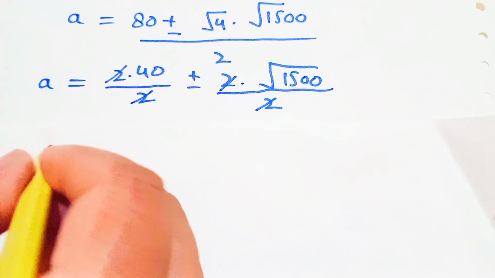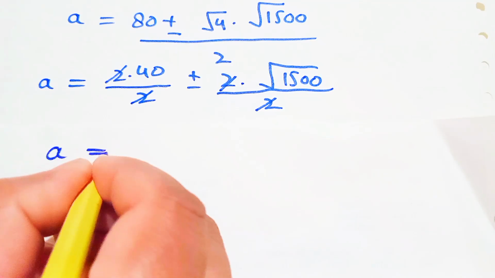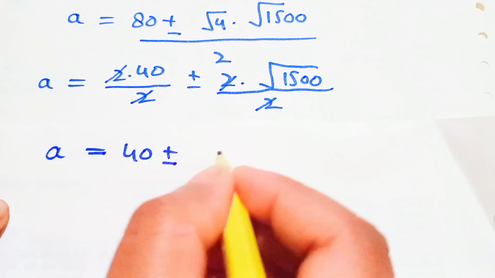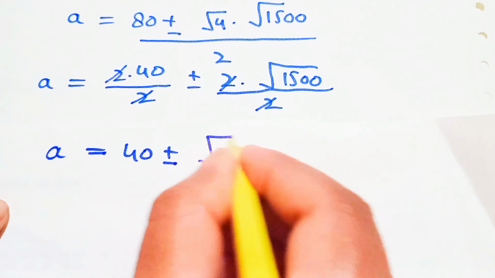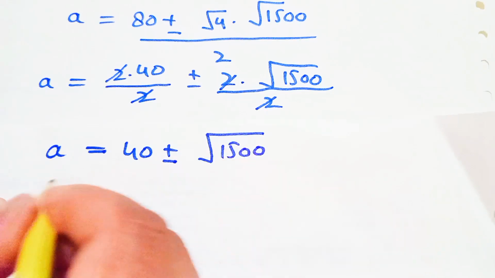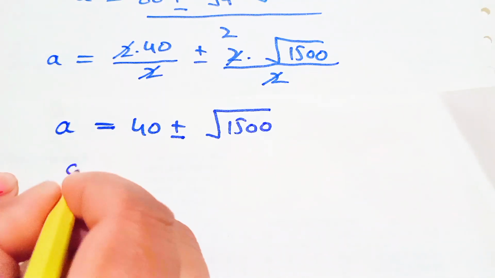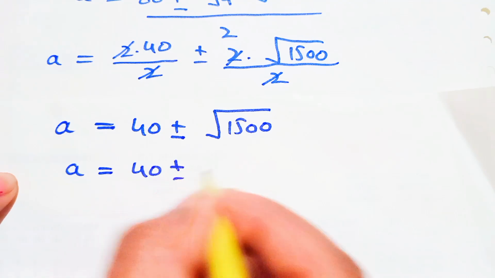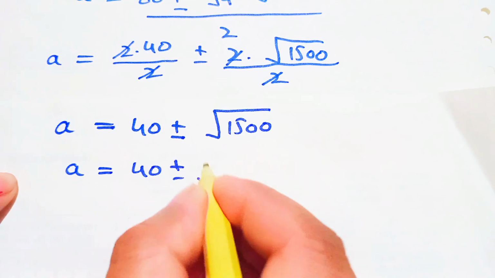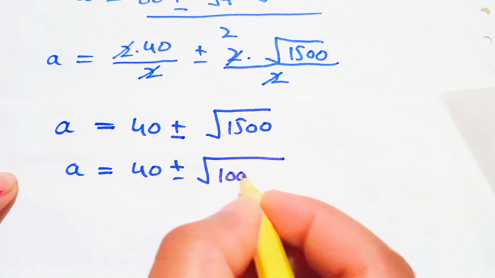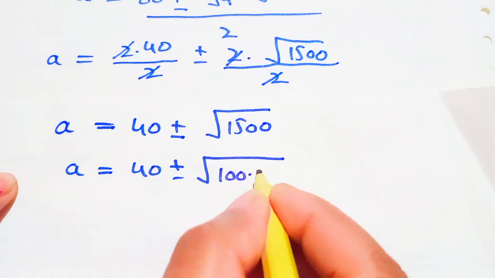What remains is a is equal to 40 plus or minus square root of 1500. Now 1500 can be written as square root of 100 times 15.